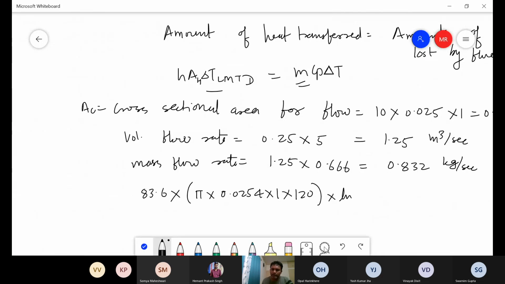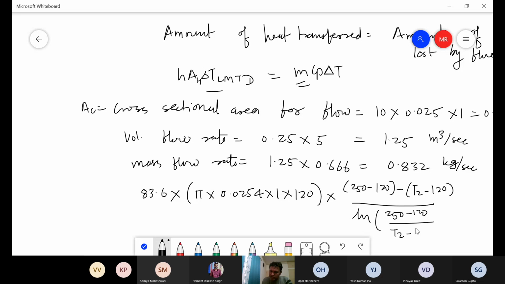So we can calculate this as 250 minus 120, that is the first temperature difference, minus T2 minus 120, divided by ln of 250 minus 120 divided by T2 minus 120.